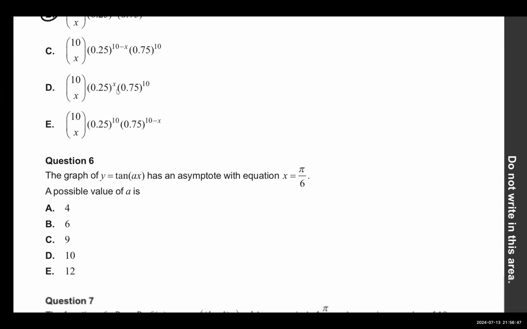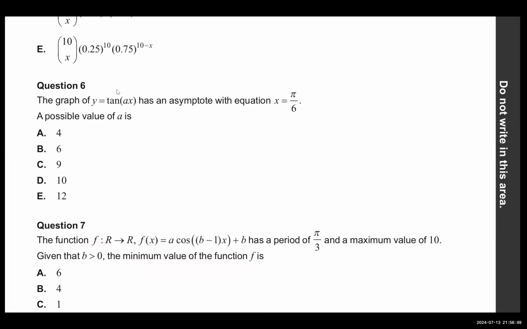Okay, question 6. The graph of y equals tan(ax) has an asymptote with equation x equals π over 6. So I would like to find a possible value of a. What you can do here is try to plot all the options. Now, if you recognize the asymptotes, for y equals tan(ax), the middle two asymptotes will be plus or minus π over 2a, okay?